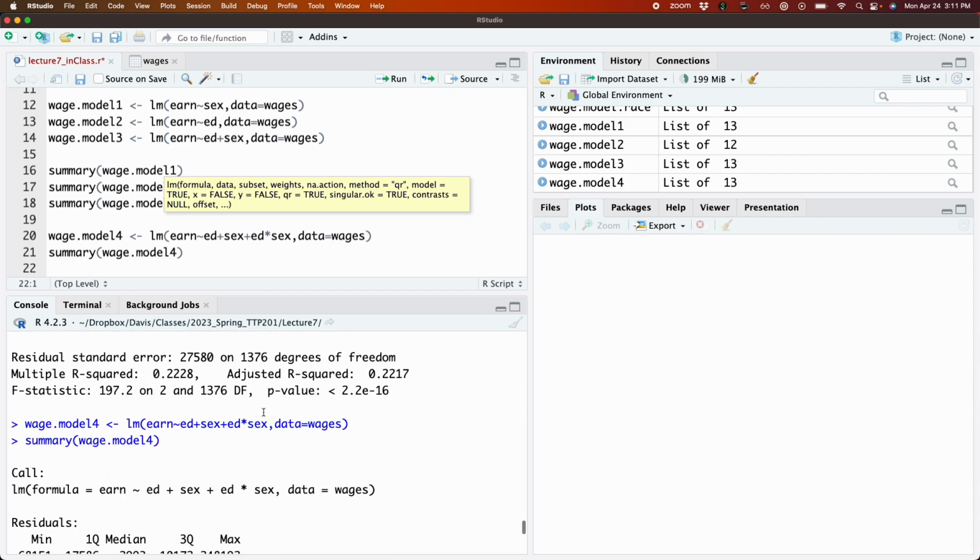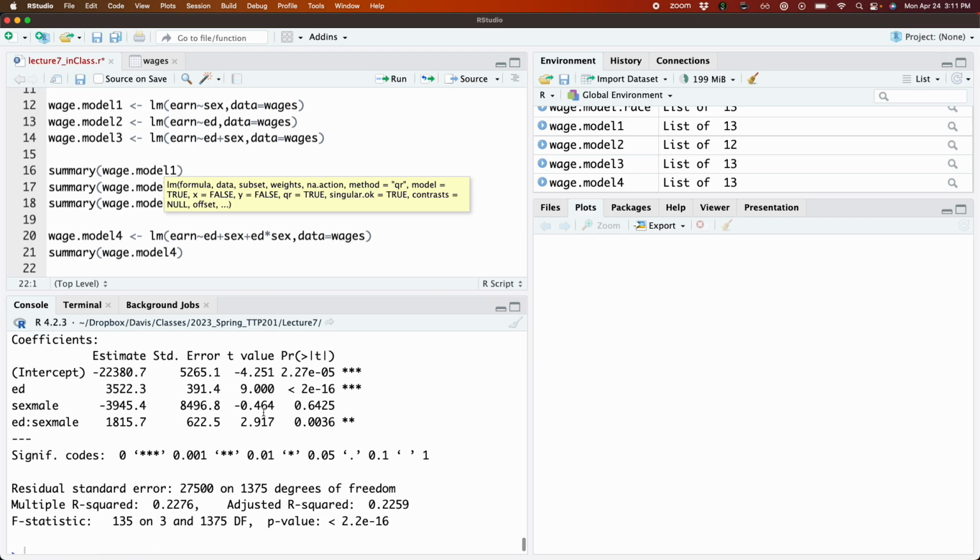And here, this effect is basically saying, when controlling for education, we don't see a difference between the amount of money that a female makes versus a male makes, but we do know that the earnings potential from getting more education is higher for men than for women.